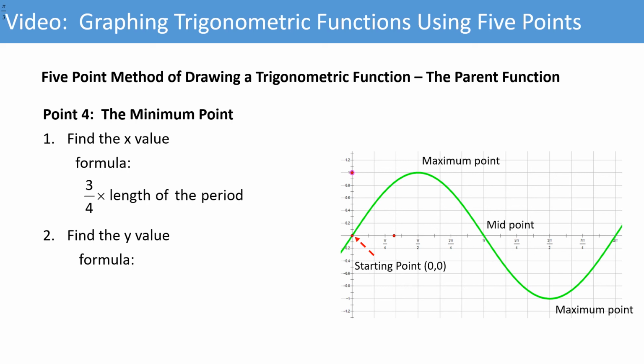Find the y value, the formula: minus, in brackets, c value plus a value. This would be minus the c value of 0 and the a value of 1. The answer, -1. So the coordinate is 3 pi over 2 and -1.